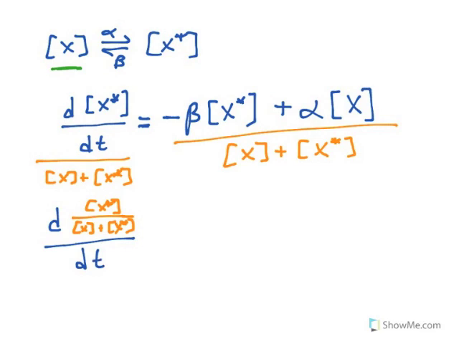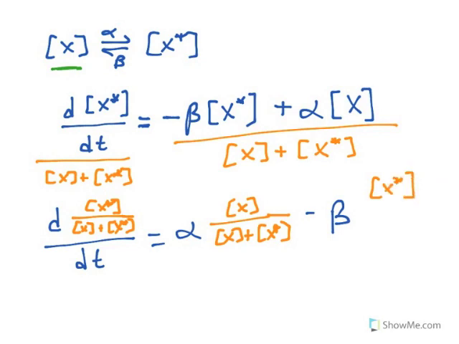So I'm getting the change of that sort of weird variable minus, or actually I'm going to switch, I'm going to say alpha, just switch these two terms. Alpha over x plus x star minus beta x star over x plus x star.